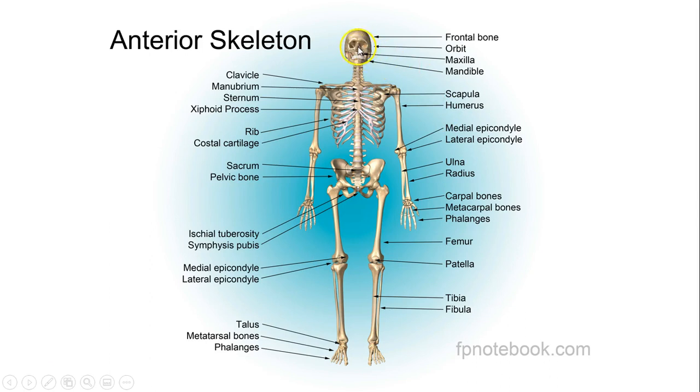Remember, that's going to be the perpendicular plate of your ethmoid and your vomer. You can just barely see the superior orbital fissures there. Don't forget your nasal bones out here. They're not part of the orbit. There's a hyoid bone under here that's not articulating with any of the bones of the vertebral column or the skull. It just kind of floats. I think we're good.